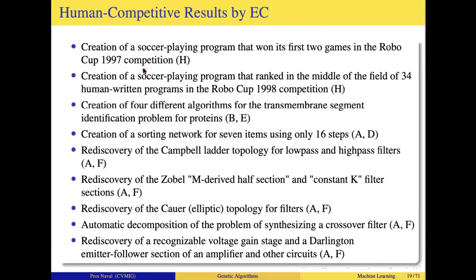This is really an old result, but it satisfies criterion H. So you have contests here that were won by your algorithm. And then also here you have the creation of algorithms for some interesting problems in bioinformatics. This one satisfies criterion B and E.